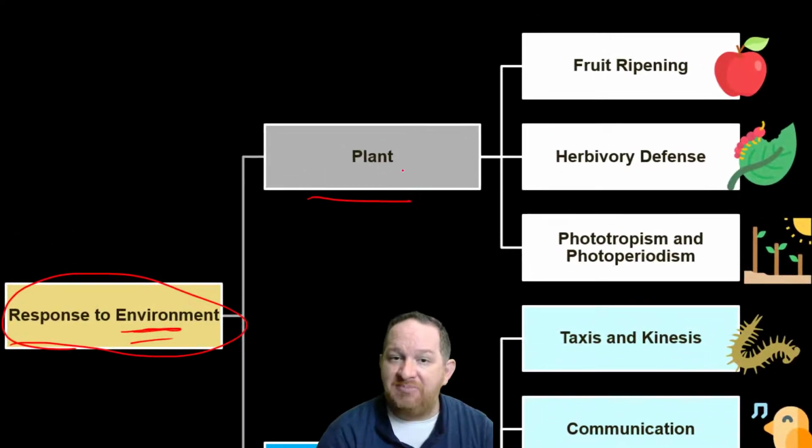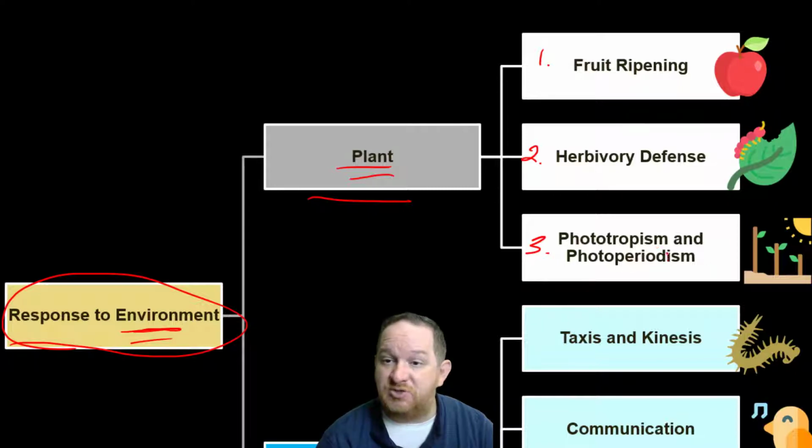So the three types of plant response I want to focus on are plant ripening, herbivory defense, how plants defend against invaders, phototropism and photoperiodism, how plants respond to light.